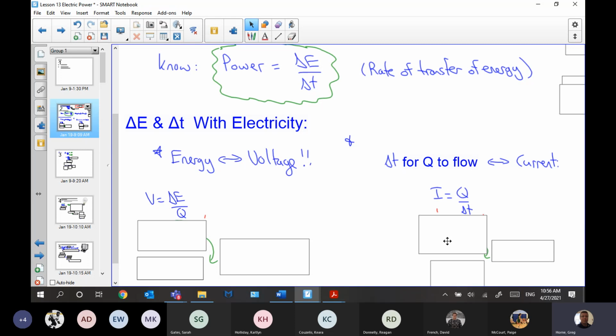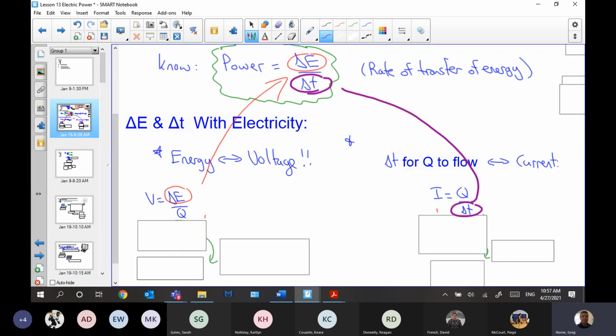Okay. So we want, of course, to be able to put, let me just circle here, delta E from this one into the equation, and we want to be able to put, let's go with a different color here, maybe delta T from this equation into there. Right?